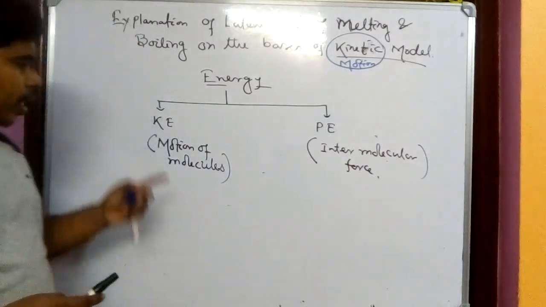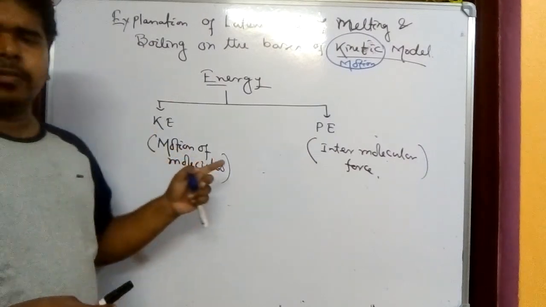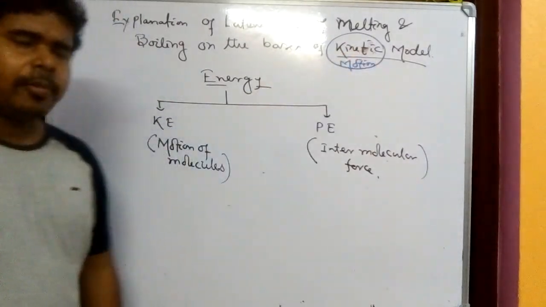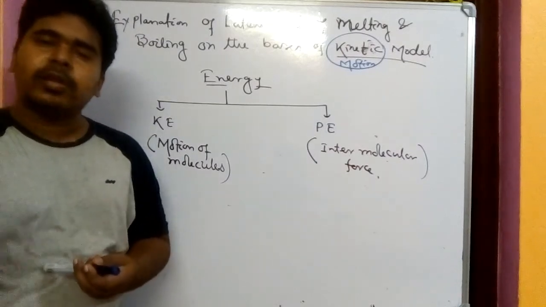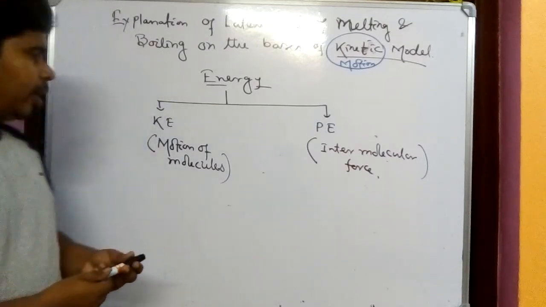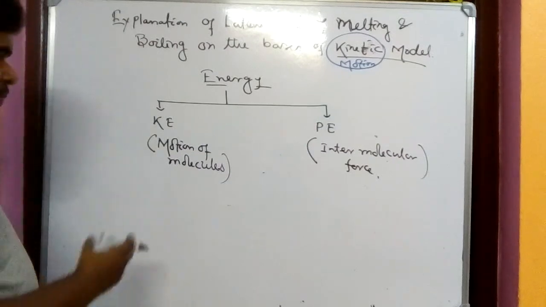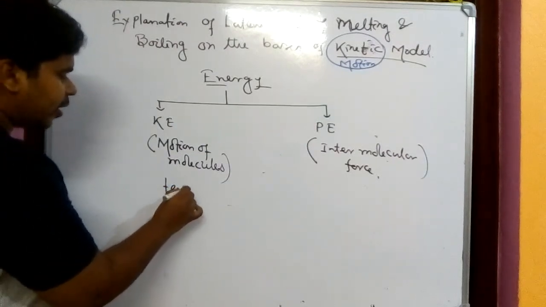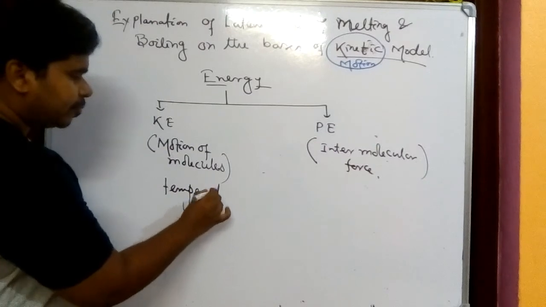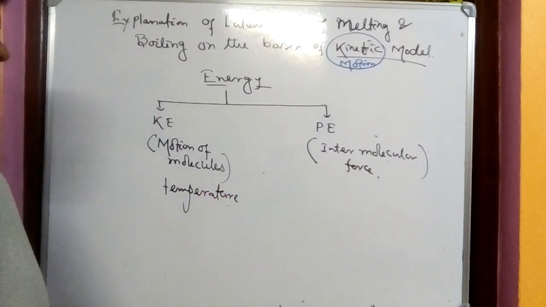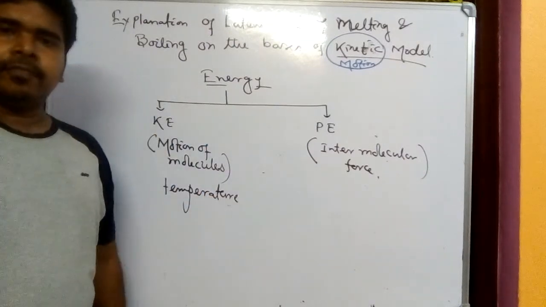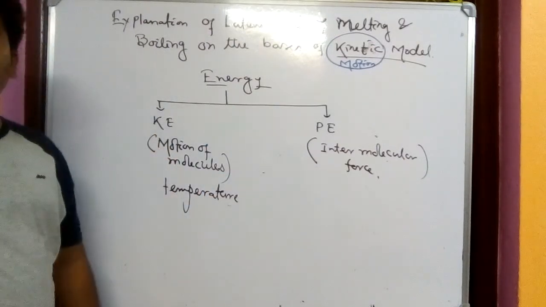Now we are coming to that kinetic energy, because it is on the basis of the kinetic model. This kinetic energy can be changed. We can change the motion. How? If I give heat energy, if temperature is increased. So if the temperature of the molecules is increased, then they will move faster and get more kinetic energy.